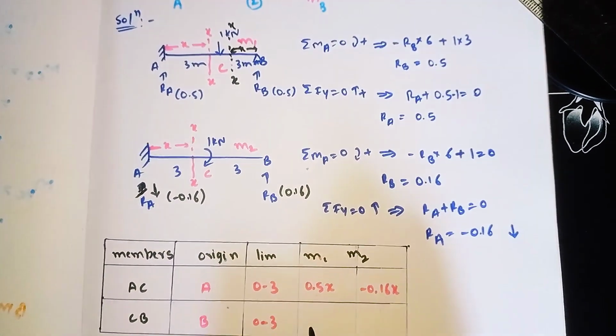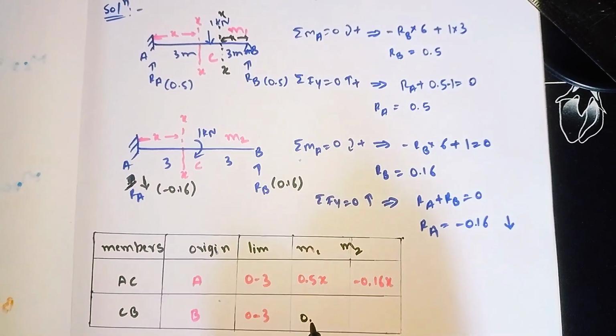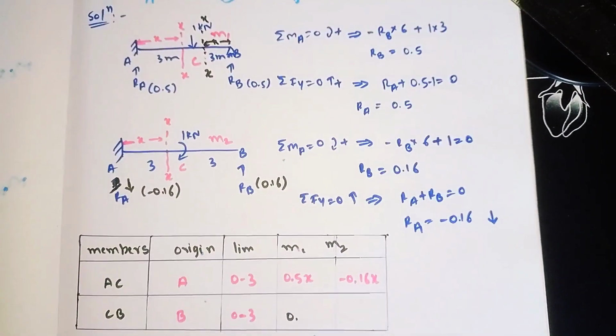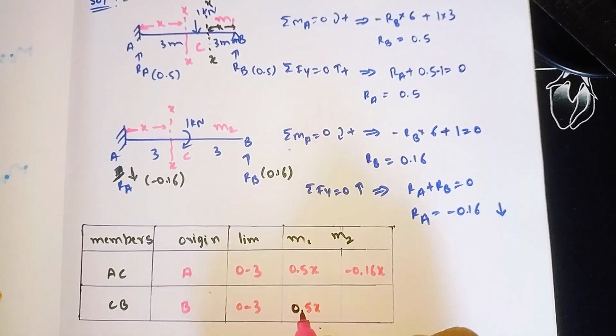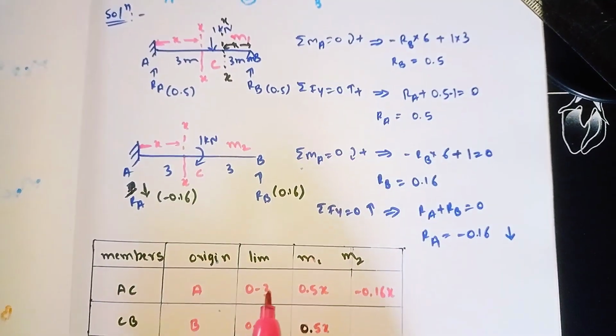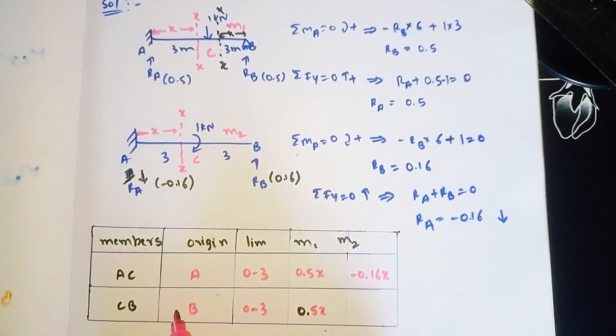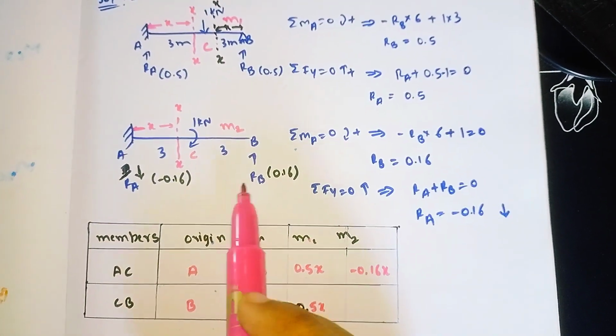It is going upward, and upward means it is positive. Forces which are moving above the section we need to take as positive. So 0.5 into x, and m1 is 0.5 into x.